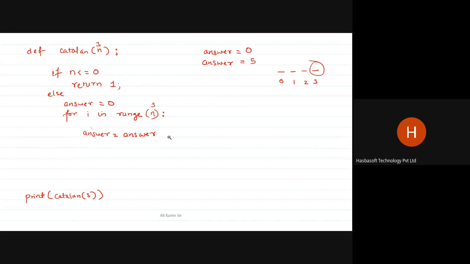We are calling the recursive function here with your index value, consider it i, then you are multiplying that value, then you are reducing it again with capital N, where you are subtracting 1 from your index 3, and finally you are returning your answer.